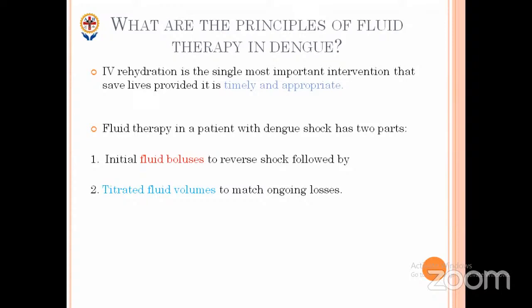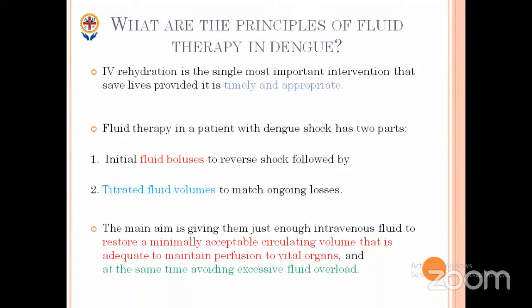So how will we know how much leak is going to happen? By monitoring the vitals. And this is the most important line we all need to remember in managing dengue: the main aim is to give just enough intravenous fluid to restore the minimally acceptable circulating volume, not the normal circulating volume. We all know the critical phase of dengue will be only for 48 hours, and when the 48 hours is over, the child will enter the recovery phase.